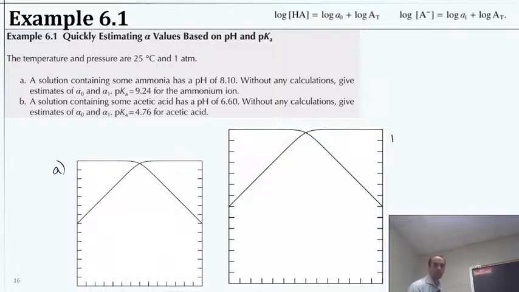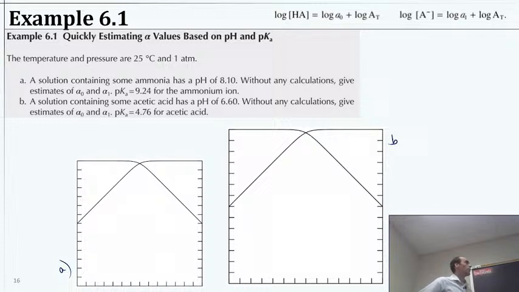Part A says a solution containing ammonia has a pH of 8.10. Without any calculations, give estimates of alpha 0 and alpha 1. And we know that pKa is 9.24 for the ammonium ion.